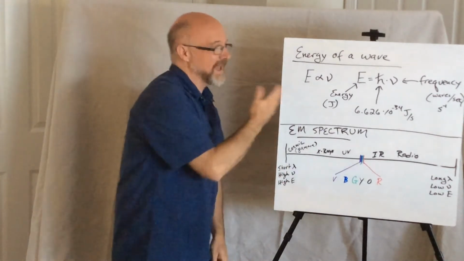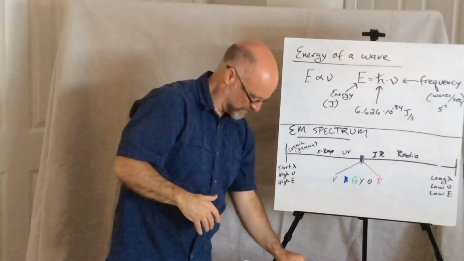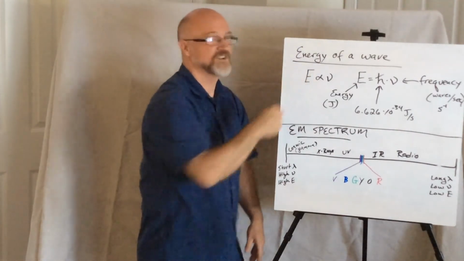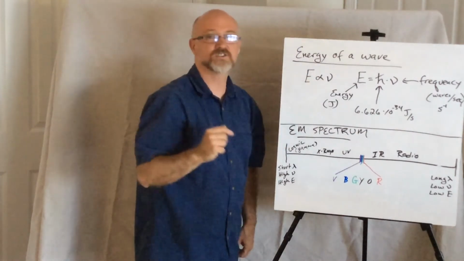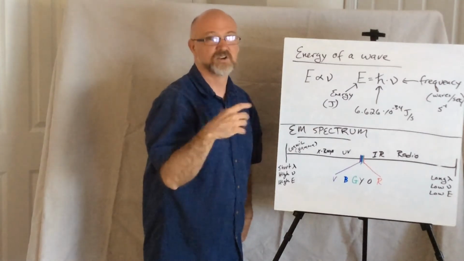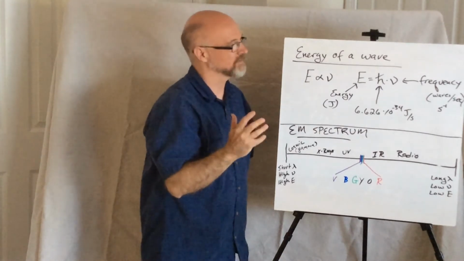So the energy of one of these waves is proportional, that's what that little fish-like symbol means, to the frequency, which means it also has a connection to the wavelength, right?